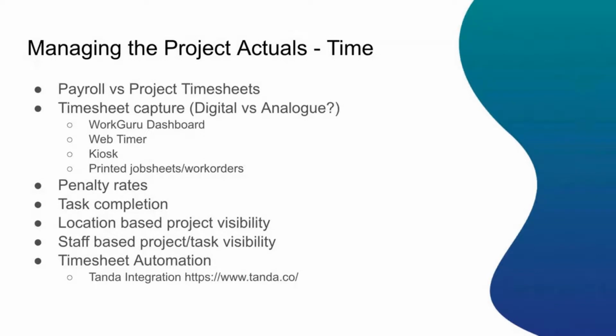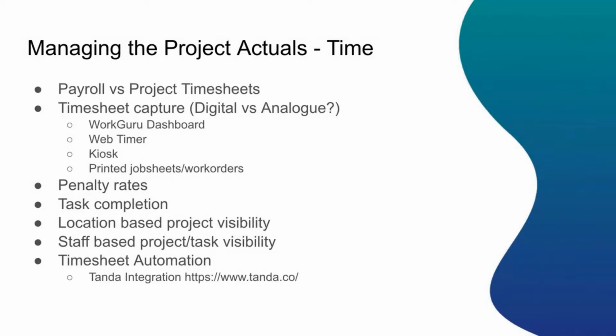We touched on it briefly in regards to making the system as easy as possible for your staff to use if they are entering their timesheets digitally. That's where we can present the list of projects and tasks to them in the most relevant way possible. For example, the first one is location-based project visibility.